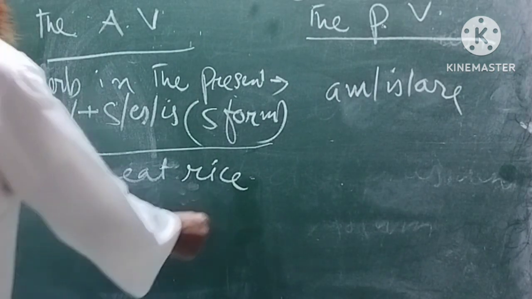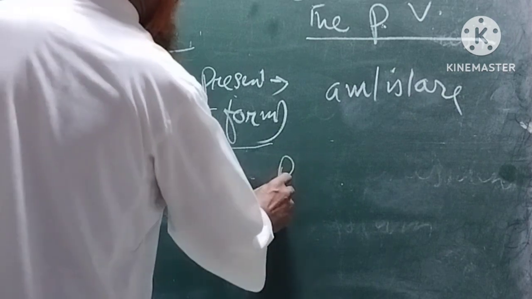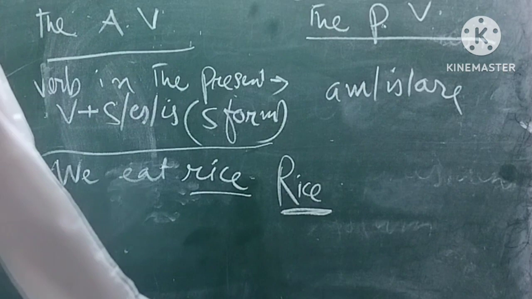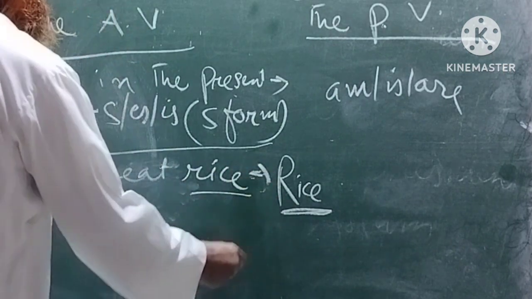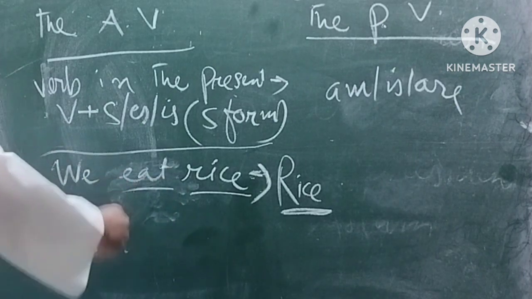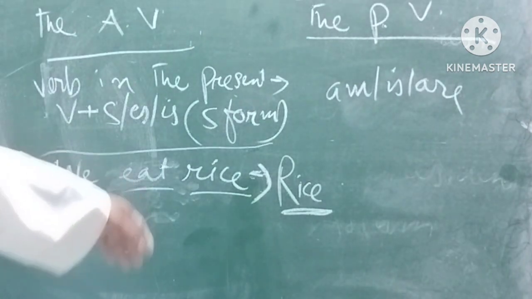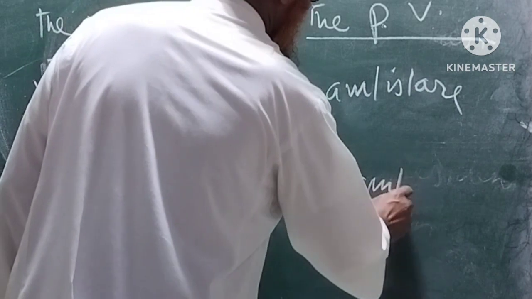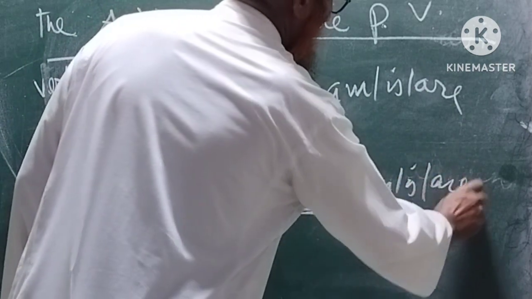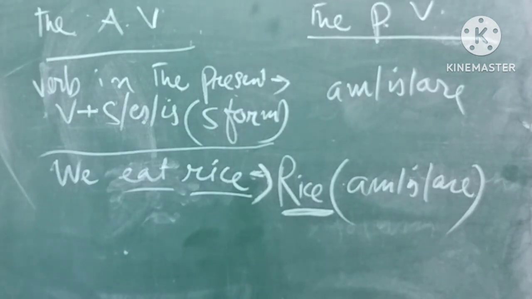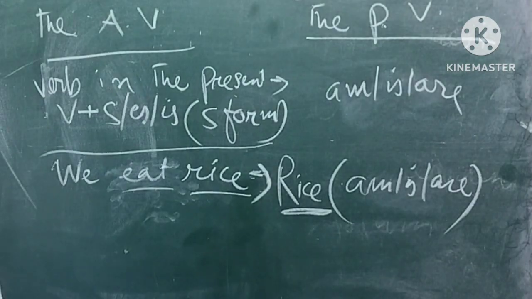We should make it the subject, rice. Now it is the subject in the passive voice. Now the verb formation will come. The main verb, the verb in the active voice, is in the present form. That's why am, is, are will come. Now the past participle of the main verb, eaten.